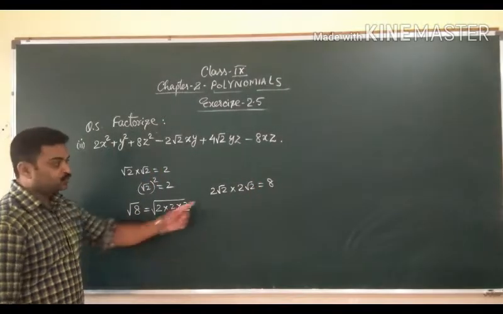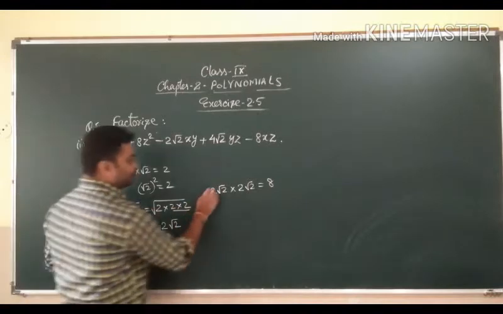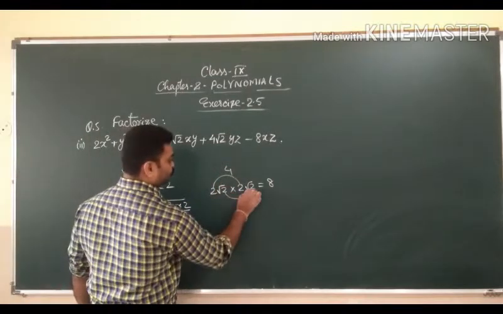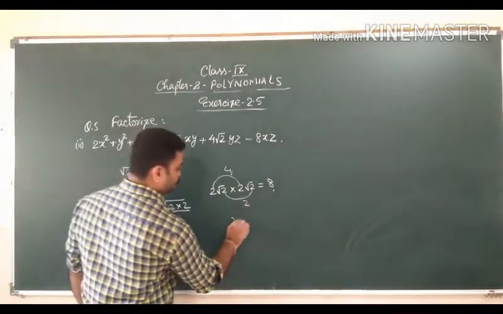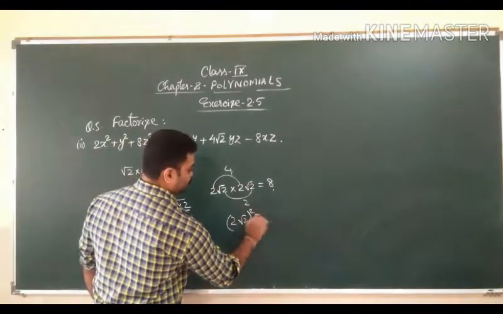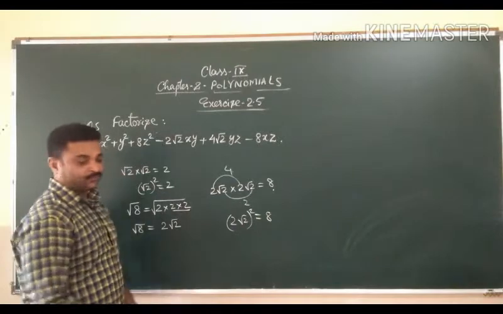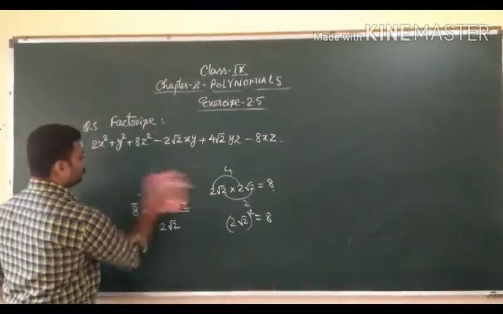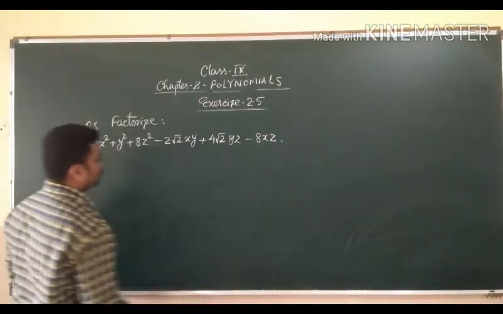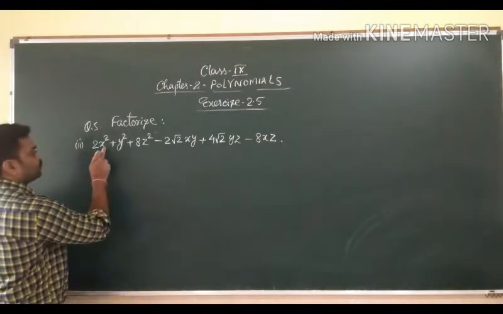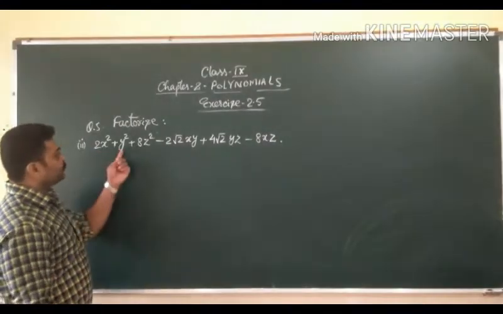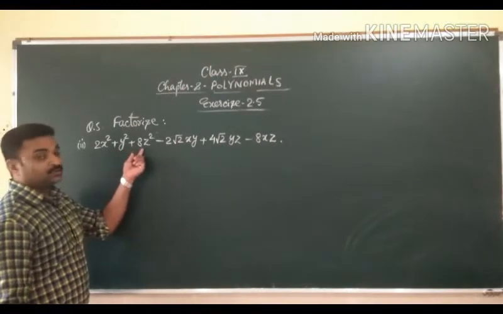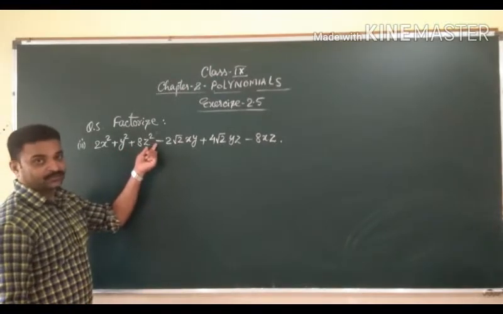Can we say that? Why? Because 2 into 2 is 4, and root 2 into root 2 is 2, 4 into 2 is 8. Clear? So (2 root 2) whole square is equal to 8. So we can write (root 2 x) whole square plus y square plus (2 root 2 z) whole square.